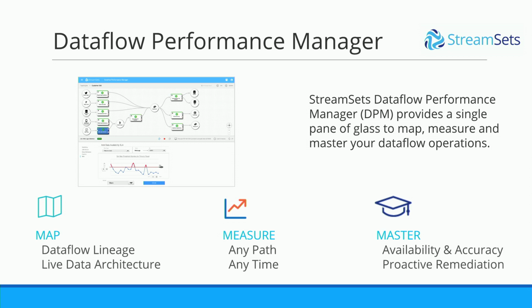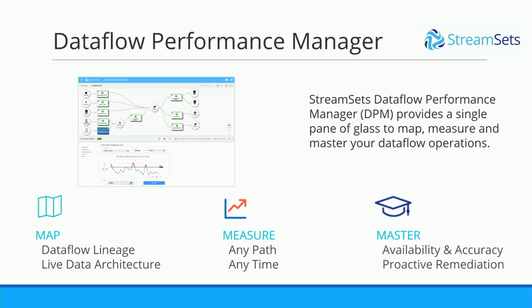Now, some of our customers have literally thousands of these data pipelines. We have a major pharmaceutical company as a customer. Pharmaceuticals is a very data-intensive industry, and we built this tool, Data Flow Performance Manager.